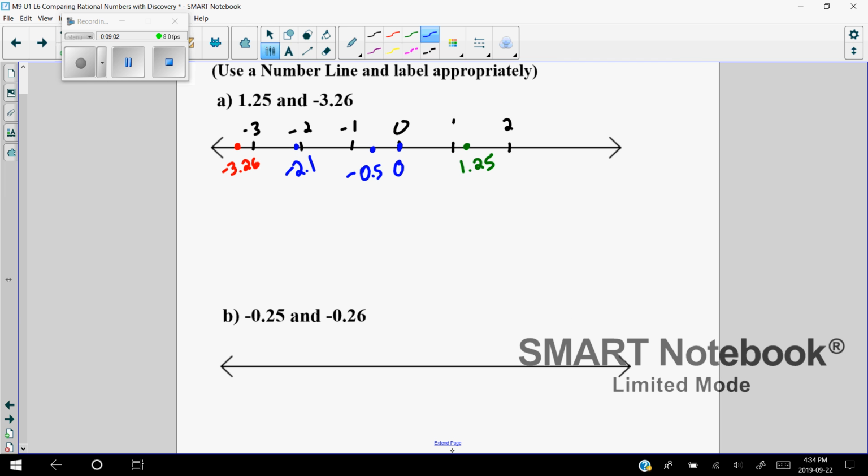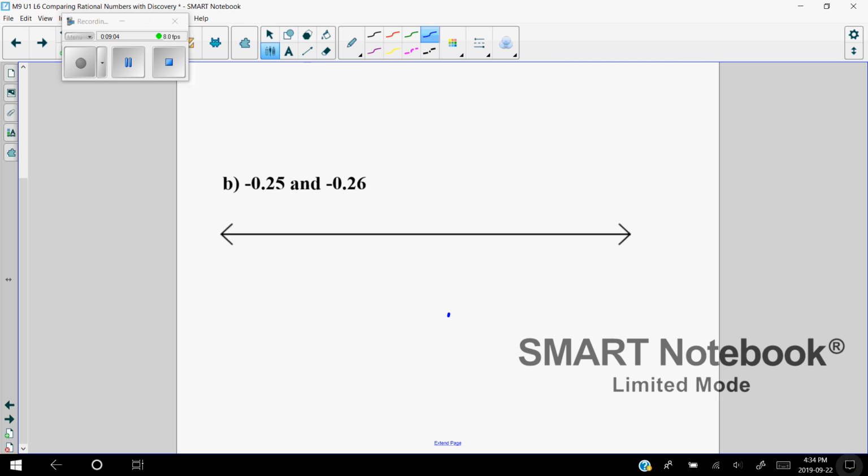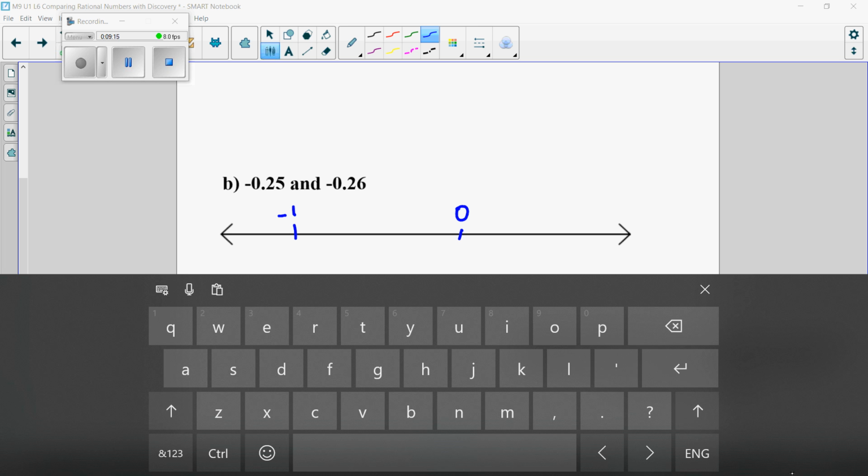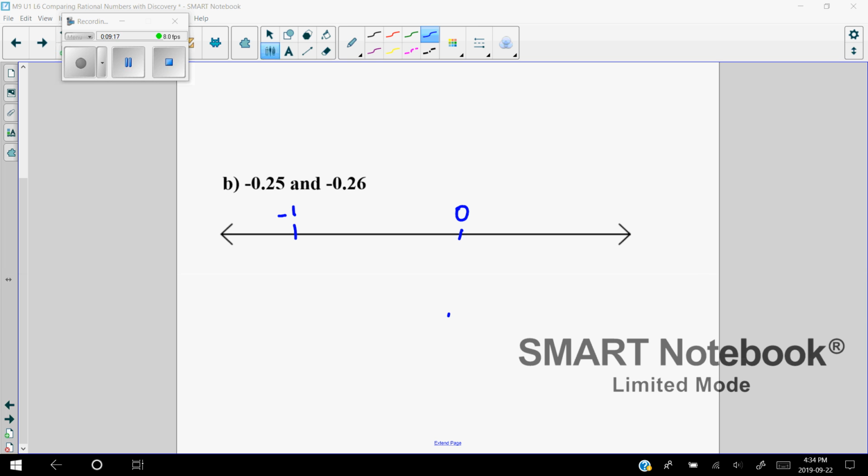Right, the next one a little bit trickier. We put 0 over here, and I'm going to put -1 over here, and then I'm going to divide it into a couple groups. Actually, I changed my mind a little bit.